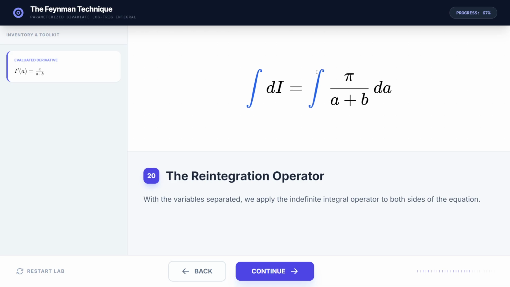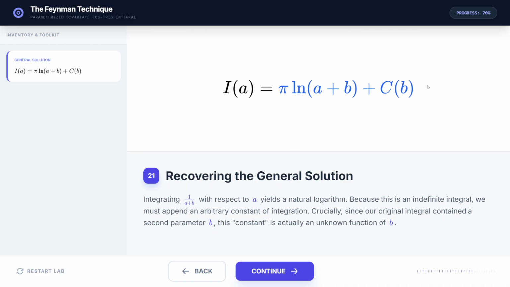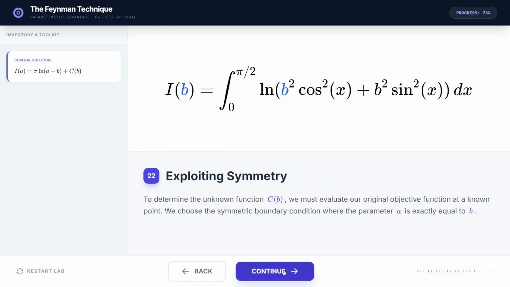Don't forget our original parameterized integral was a function of both a and b. So technically our constant of integration when we integrate this is going to be a function of b. So typically this would just be plus c, but don't forget it's actually plus c of b. All right, well, in order to solve for c of b, we're going to need an initial condition.